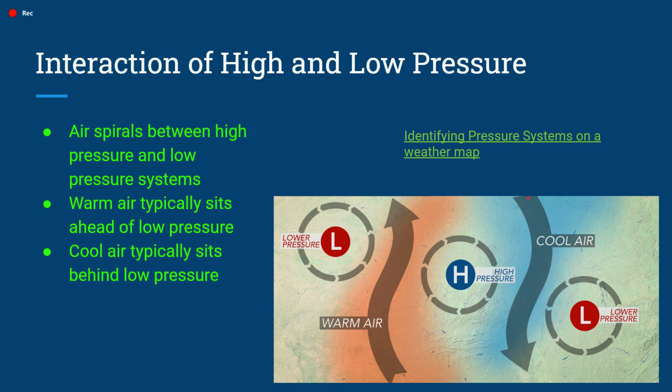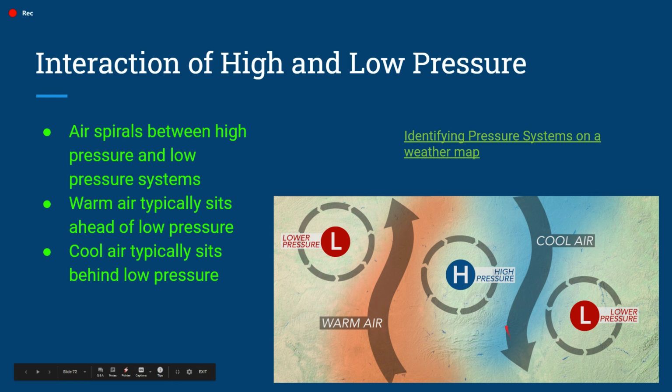That allows cool air from the north, at least in the United States, to be pulled down towards the south, which is why typically after a strong thunderstorm moves through in the fall, like we saw on Sunday of this week, it is followed by very strong winds and much cooler air the next day. That's because this low pressure system pulled the cool air down into our area, and pulled it down fast because of strong winds.